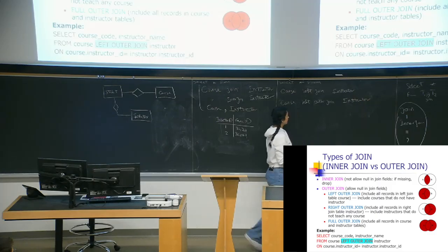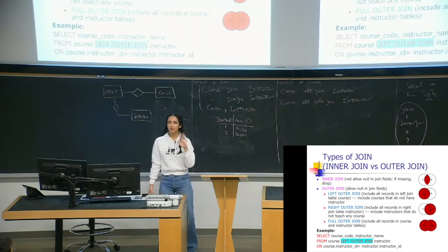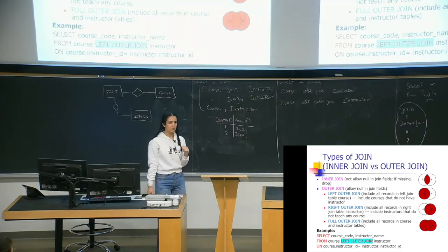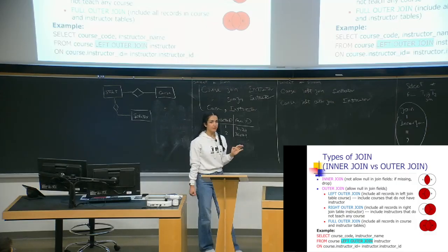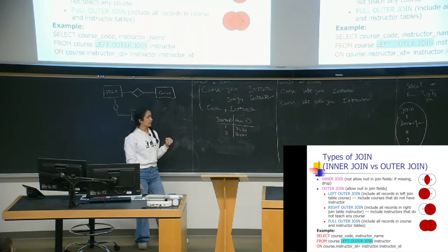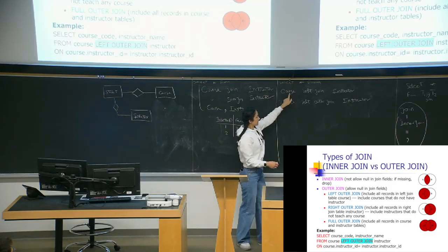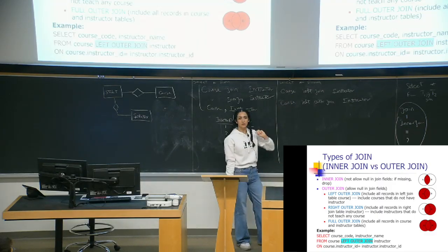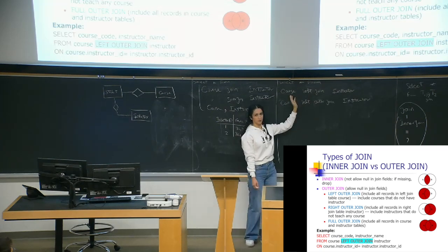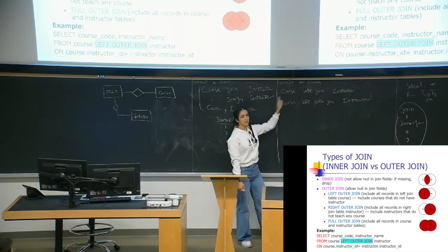Now what does this mean? When it is left join, everything from the left table, even if the corresponding value in the other table is not there, that's okay. So what is your left table here? The table on the left side of join. So the left table is course.